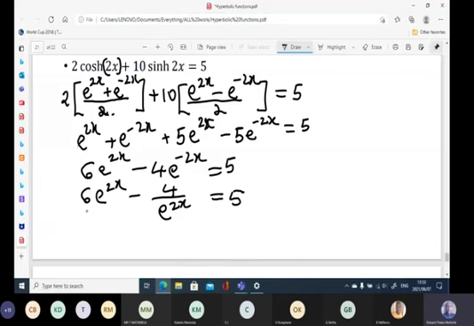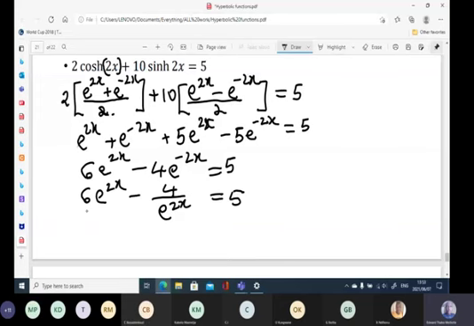This will be e to the power 4x, minus 5 e to the power 2x, minus 4 is equivalent to 0.